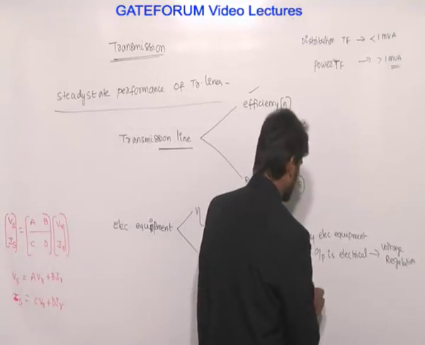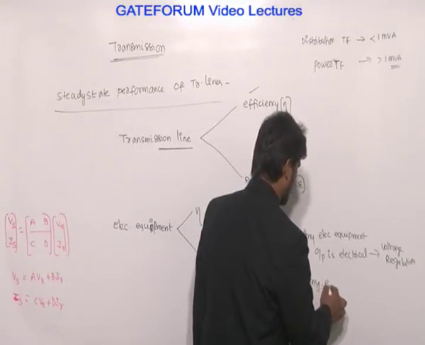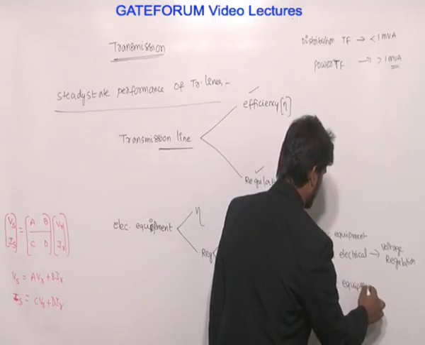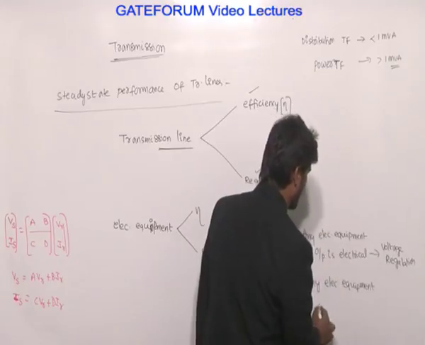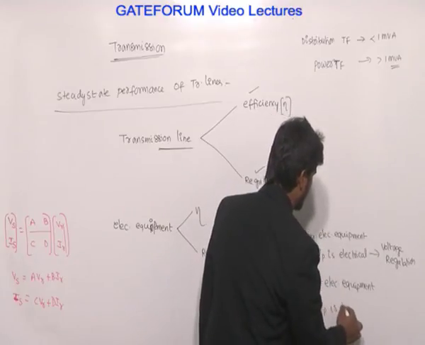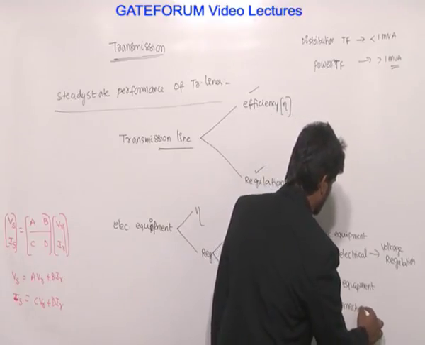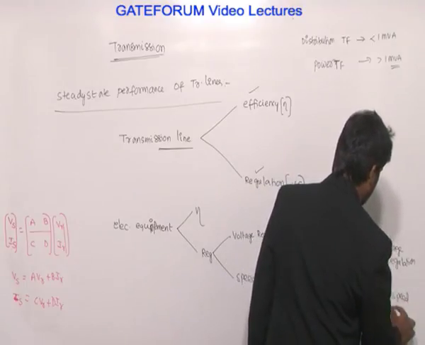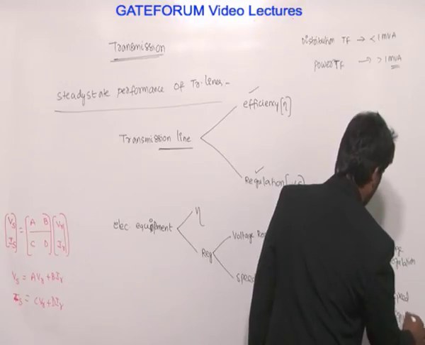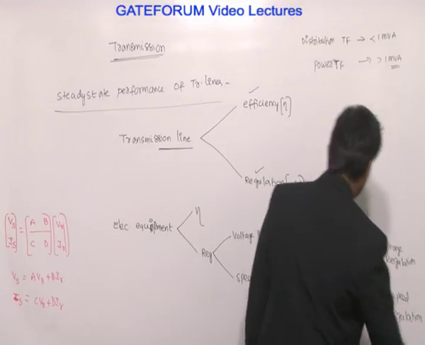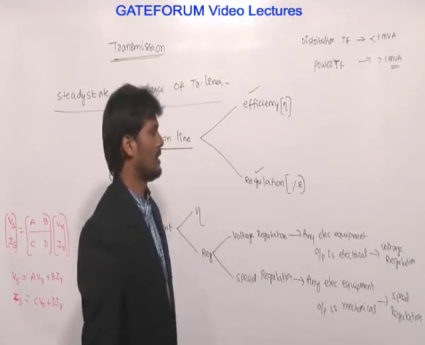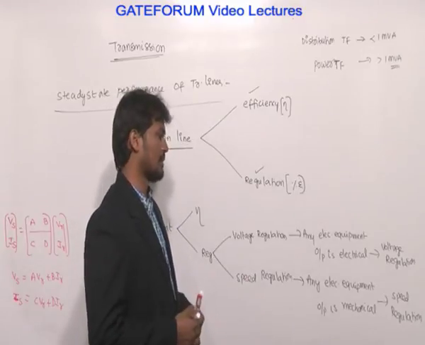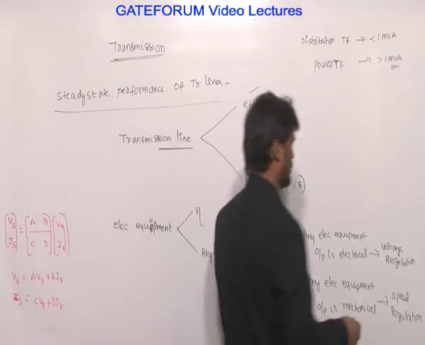Now, for any electrical equipment whose output is mechanical, speed regulation is calculated. Any electrical equipment whose output is electrical, we calculate voltage regulation. Any electrical equipment whose output is mechanical, we calculate speed regulation.